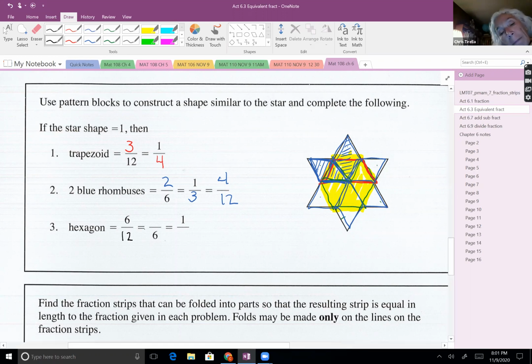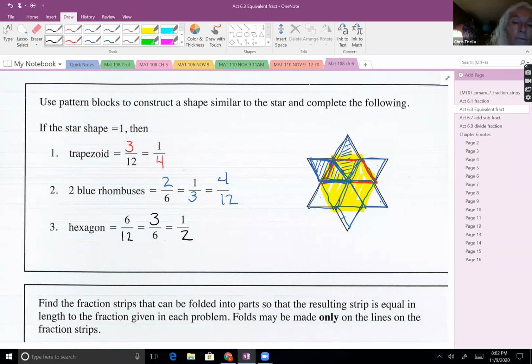Or wouldn't it be made out of 3 of the 6 rhombuses? Or wouldn't it be half of the whole? Okie dokie.